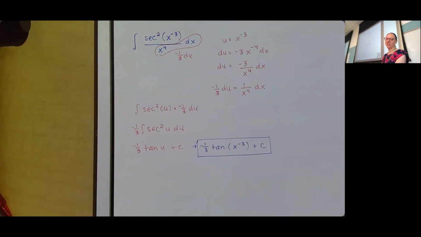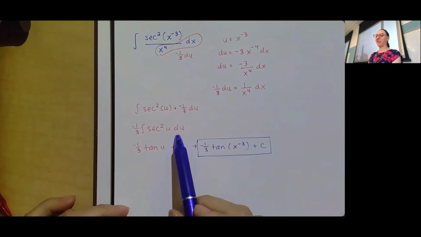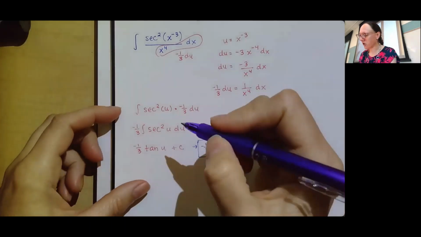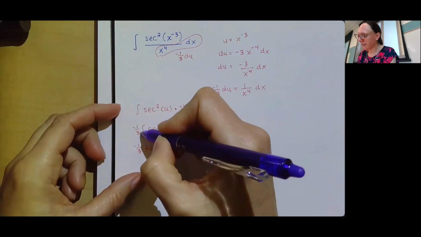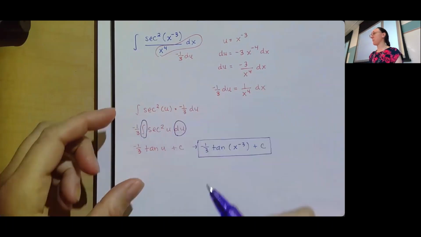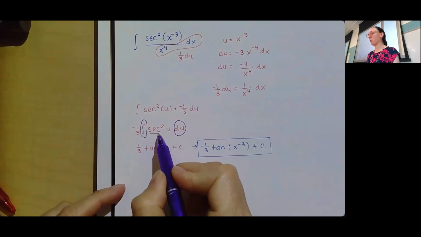The question is, what the heck happens to the du when you find the antiderivative? The way that I think is easiest to think about it is that essentially this integration symbol and the d something at the back are instructions that say, find the antiderivative of what is in between us.